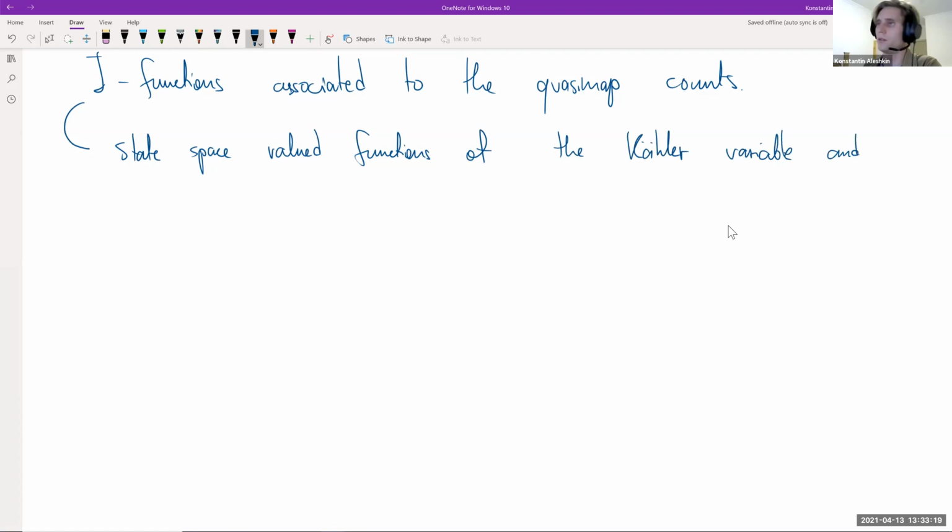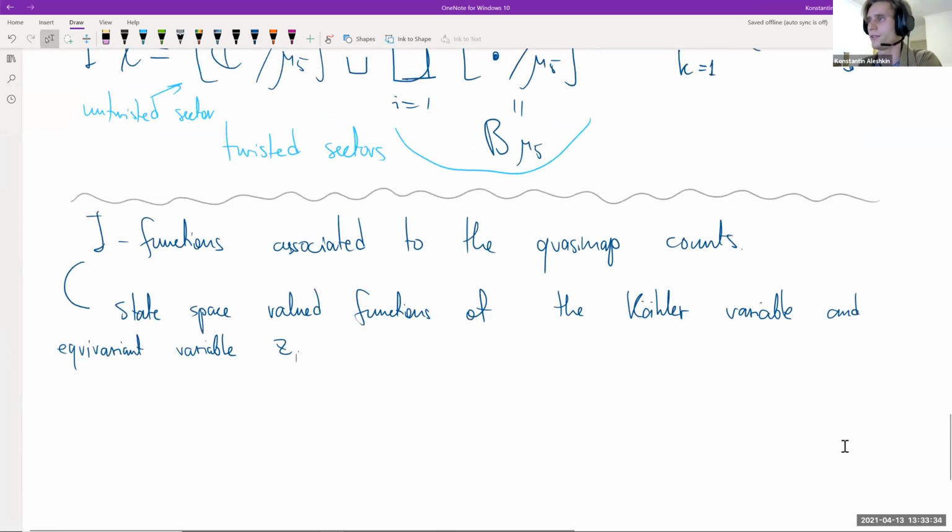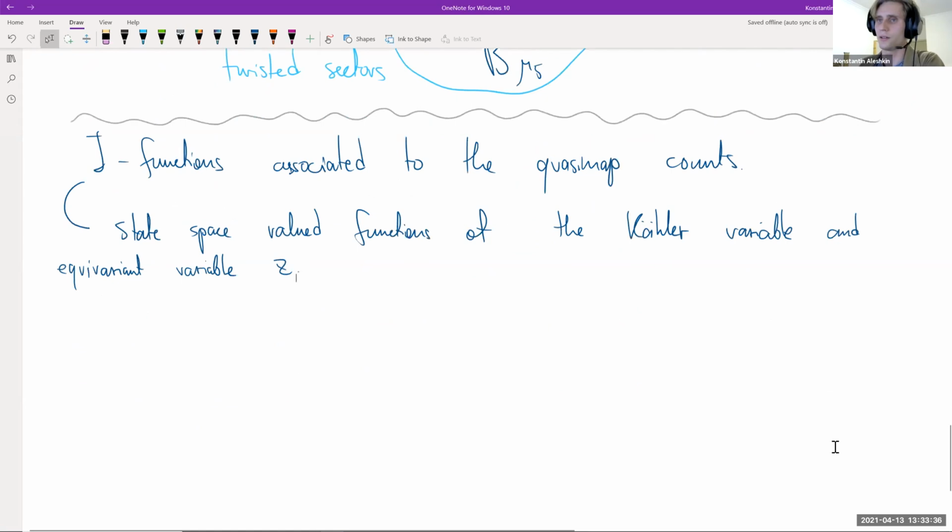the equivariant variable. Unfortunately there are many notations, and most of the notations contradict each other, but I'll try to take one notation that will be at least consistent throughout my talk.